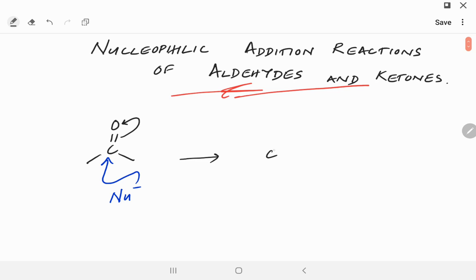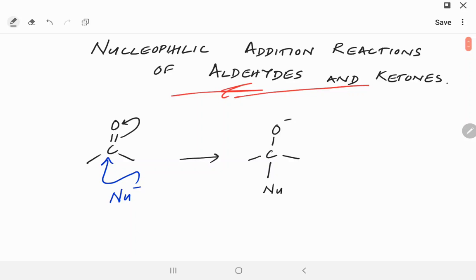So you will have an intermediate like this, which is an alkoxide ion, and of course it will be tetrahedral. In this intermediate, the hybridization of the carbon will switch from sp2 to sp3.